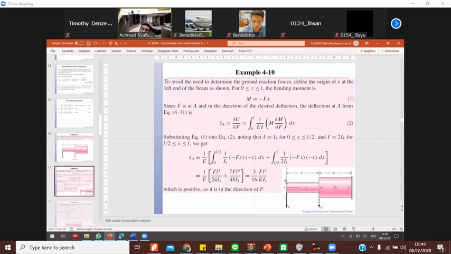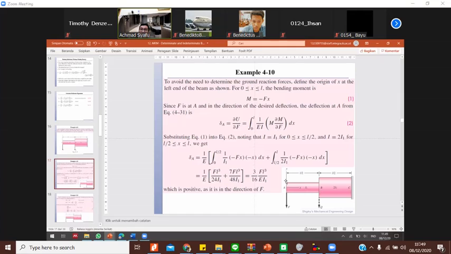First we have to put a fictitious force at point B, namely Q. Just call this the Q force.